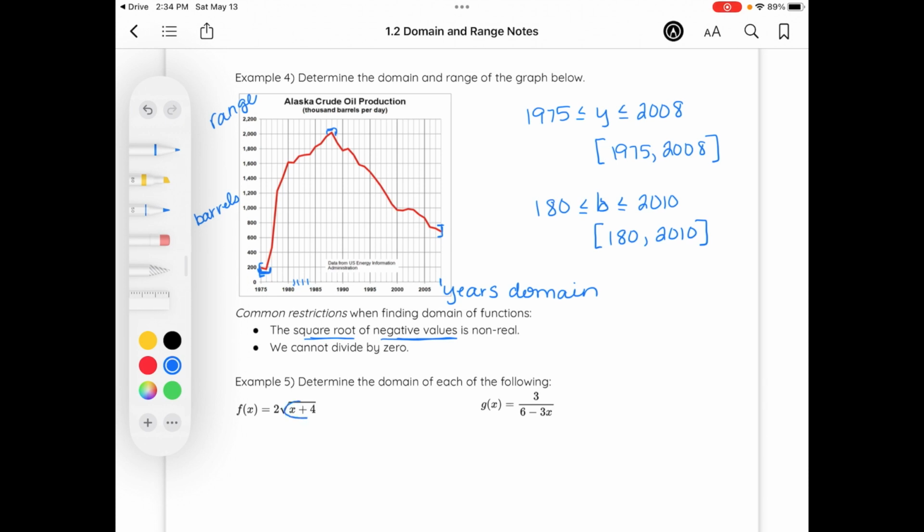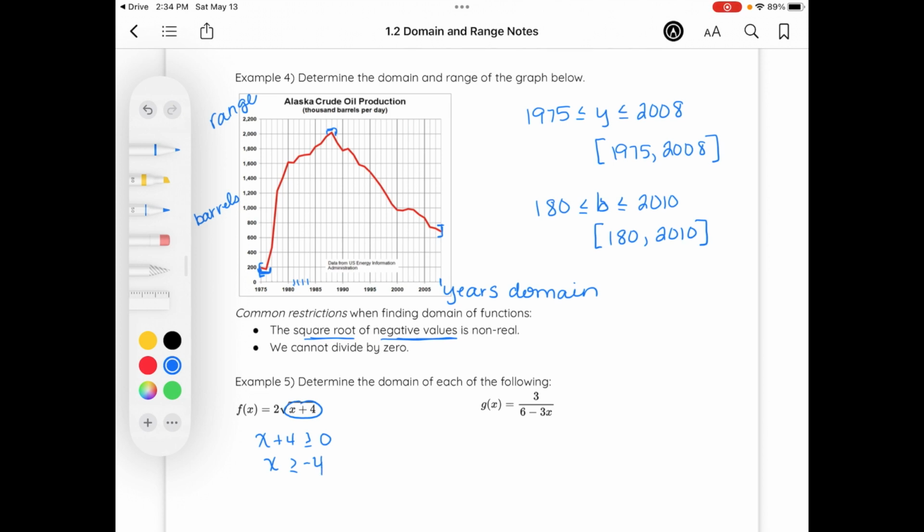So under here has to be greater than or equal to 0. I can take the square root of 0, which is in fact 0, but when I take the square root of things like -4, we end up with complex numbers. So I'm going to restrict my domain because we do not see the complex numbers in the real number system when we're graphing normally. I can solve for this by subtracting 4 from both sides.